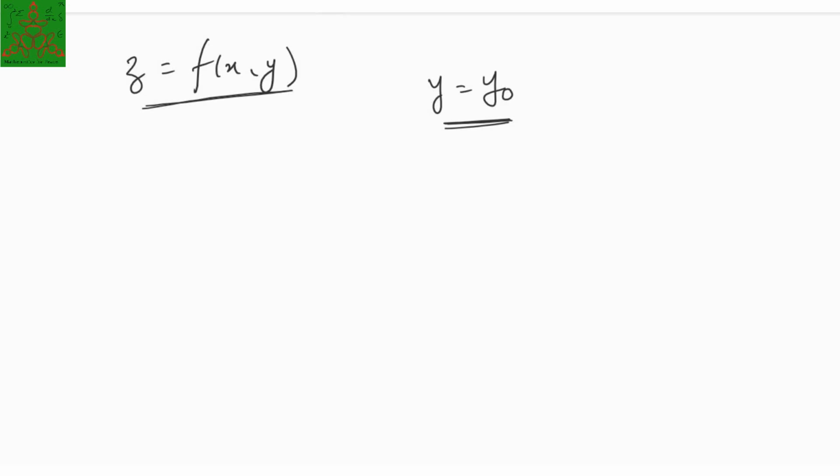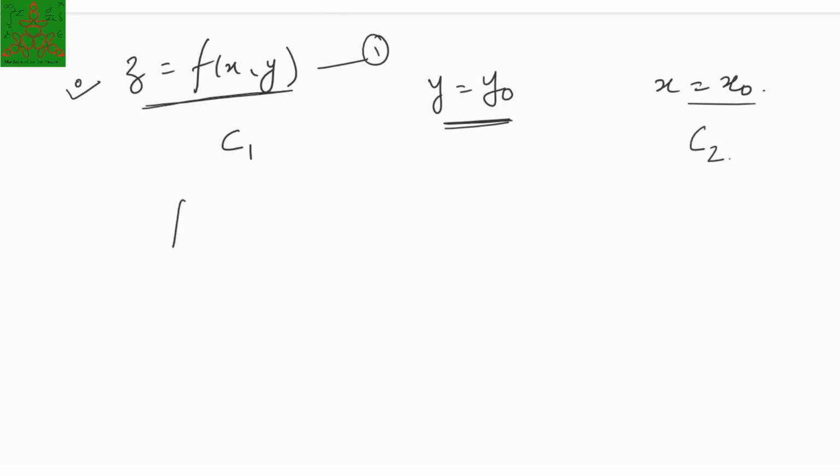Whatever the intersection of these two surfaces is, I am calling it C1, and this is one surface. Another surface is x equal to x0, this is also a plane, so whatever the intersection of this surface and this one is, the intersection will become a curve, and I am calling that curve C2.